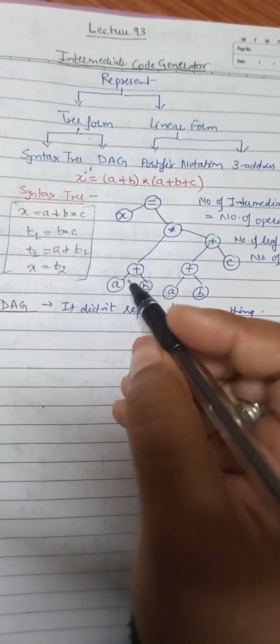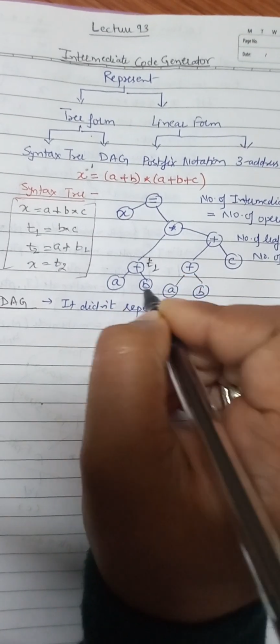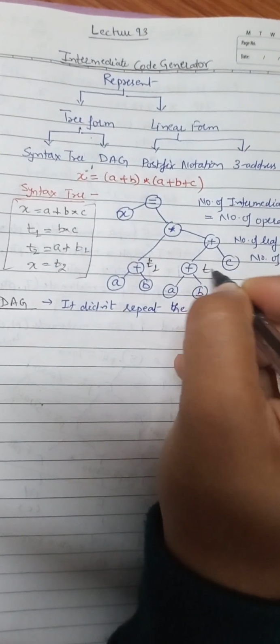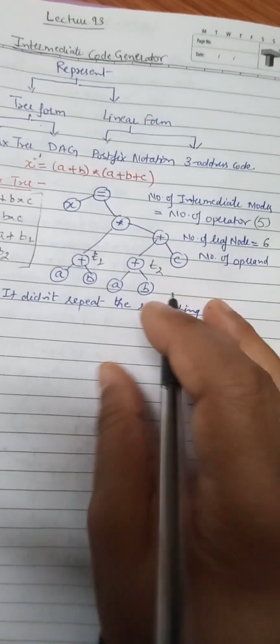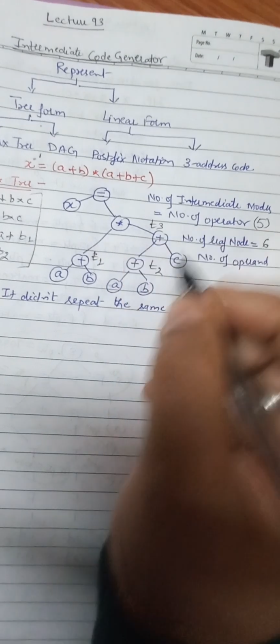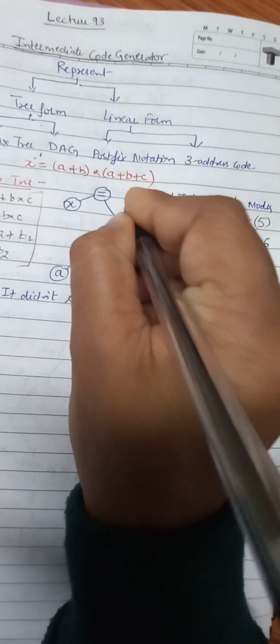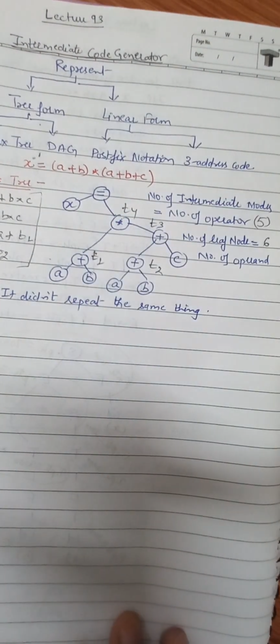We are taking this also: t1 we are supposing a plus b, this we are supposing t2 a plus b, and this t2 plus c we are supposing t3, and t1 into t3 we are supposing t4.